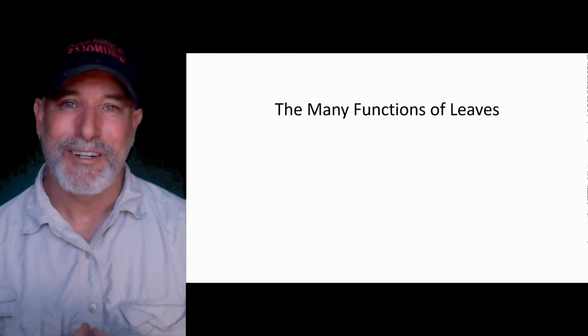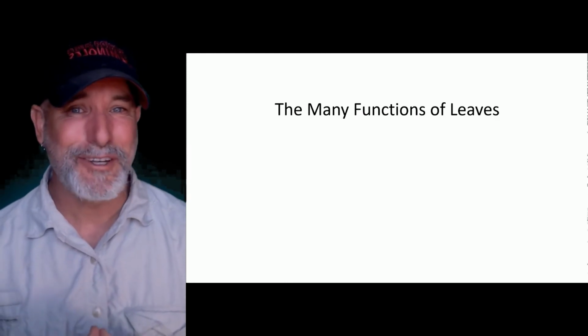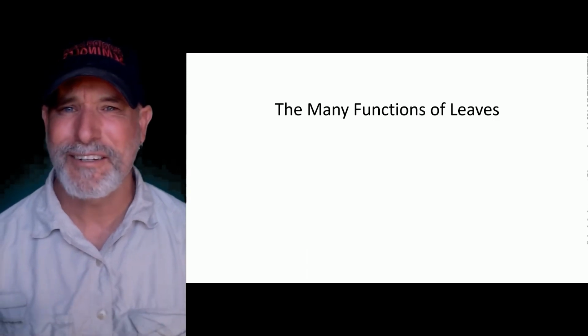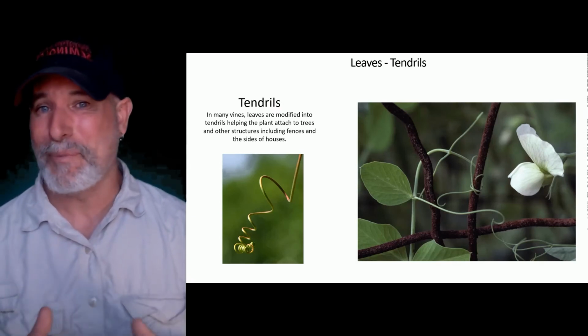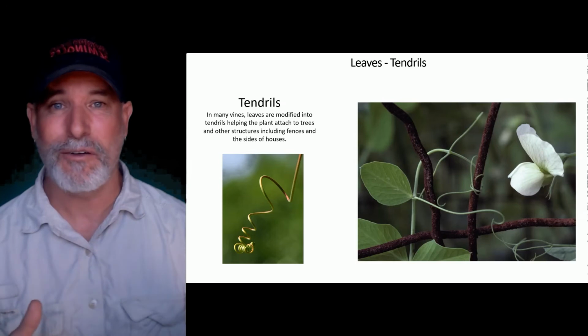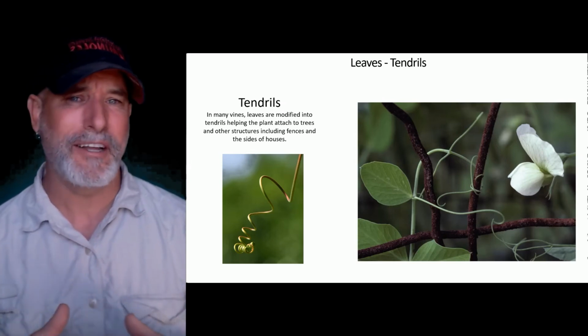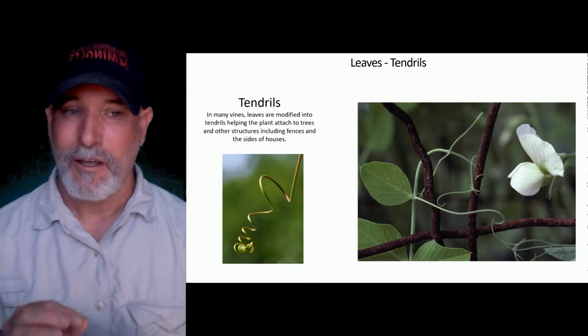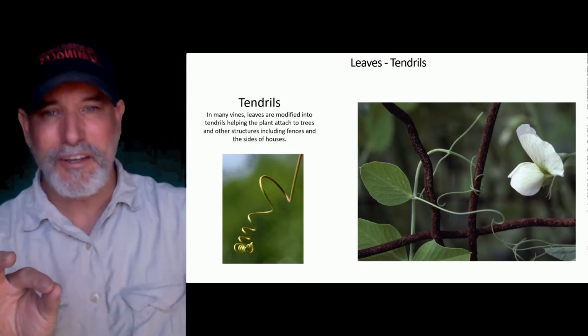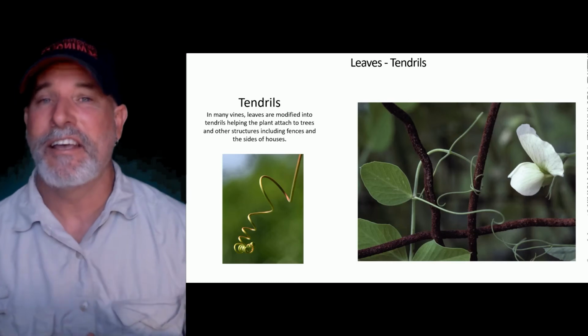So now let's talk about the many functions of leaves. They do photosynthesis, right? Ha, they do more. You ever seen a grapevine or a pea vine growing on the side of a house or on a fence? I just planted a grapevine on a fence line where I live. You'll notice there's a leaf and then there's this long thing coming next to it. That is a tendril.